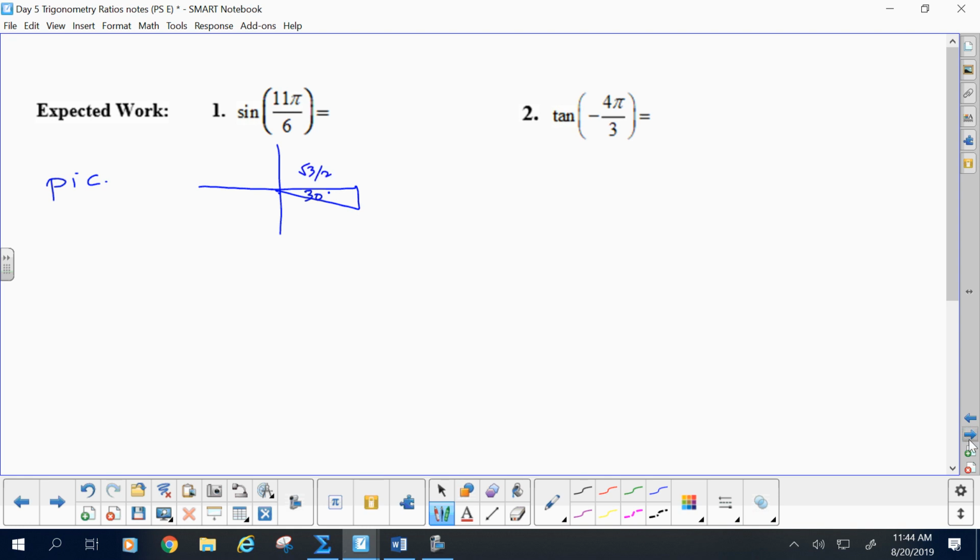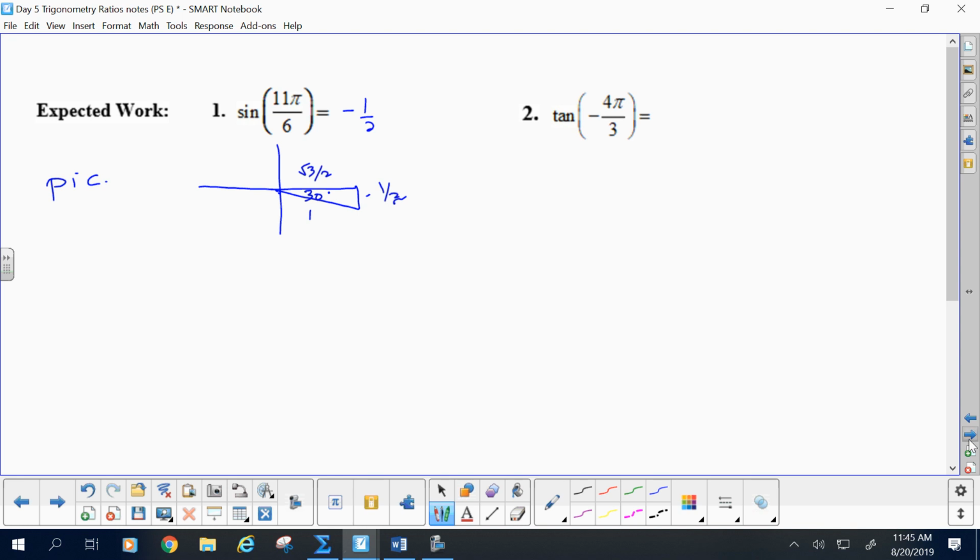The short leg, 1/2. Now, sine is opposite, which is y over 1, yeah? So if you take y over 1, what do you get? The y is negative 1/2 over 1, which is negative 1/2. Sine of pi over 6 is 30 degrees. Sine of 30 degrees is 1/2 with a negative sign.